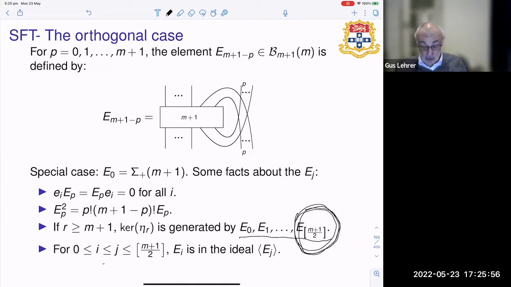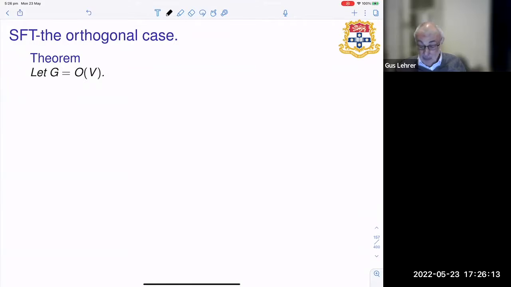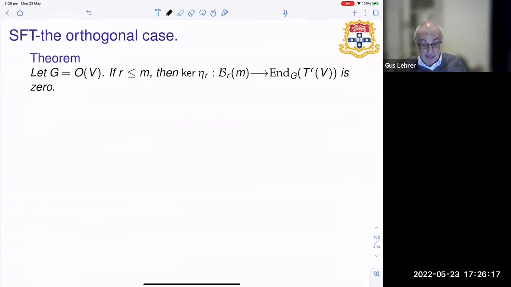which generates the ideal. In summary, what we've discovered about the orthogonal group is that the kernel of the map from the Brauer algebra to the endomorphisms of tensor space is 0 when R is less than the dimension.